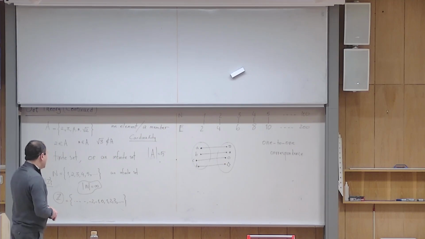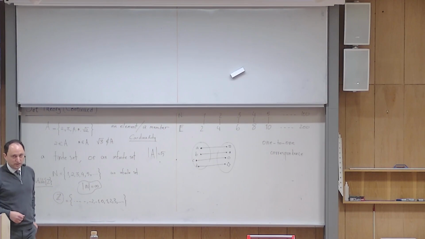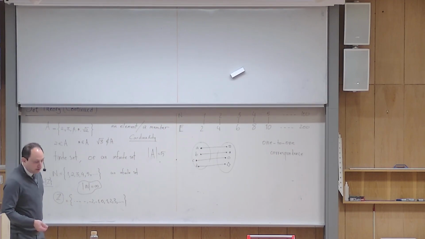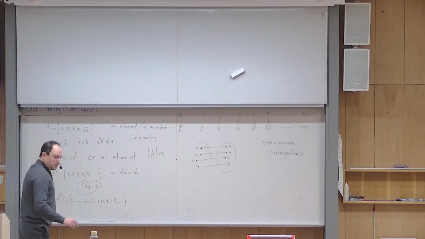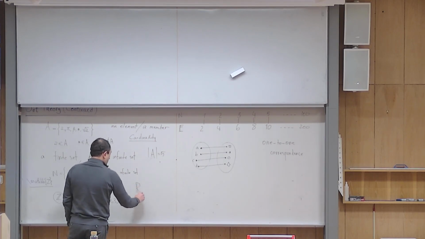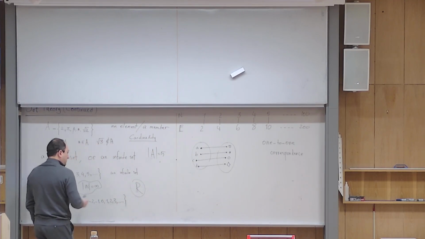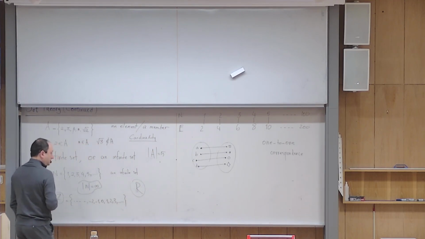Okay? And it's interesting that if you go to the rational numbers, that is also the same. So these orders of infinities are all the same. But suddenly, the number of infinities in the real numbers is much bigger. If you go to the real numbers, the number of elements here is also infinite, so this set is also an infinite set.